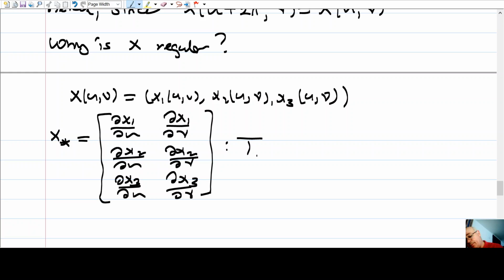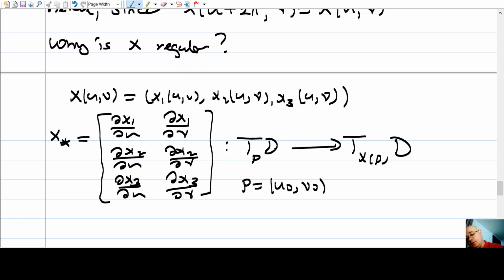In other words, the linear map defined by this, defined on the tangent space in D, has image lying on the sphere.